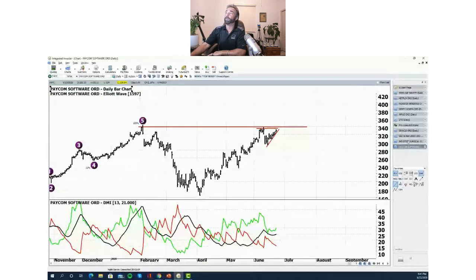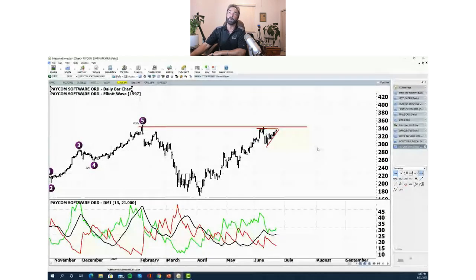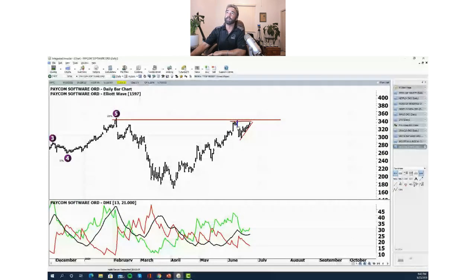So that's why I was saying with Intuitive that we were going to have some resistance there at the previous 5. There's a perfect example of what I was talking about, is the fact that this one hit that level, and then what happened the very next day. So the day we touched that line where the wave 5 was, we moved back down.